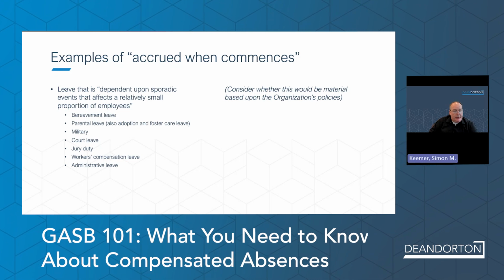Court leave and jury duty, if you've got workers going on workers' compensation leave, that they got injured or something like that, or if you've got employees that are placed on administrative leave for whatever reasons, those are the leaves that would fall under this definition of dependent upon sporadic events that affect a relatively small proportion of employees. So those would actually be accrued when leave commences.